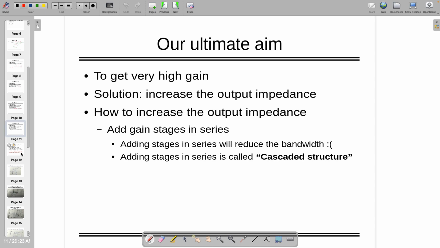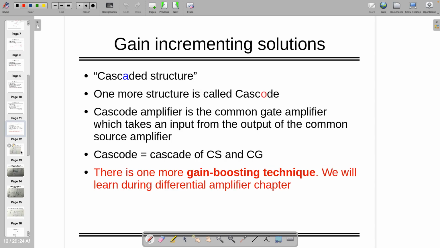By the way, if you are keeping multiple stages, with the input of one stage connected to the output of the previous stage, then such a structure is known as a cascaded structure. You have heard the word cascading of stages. Next, there is one more gain boosting technique.